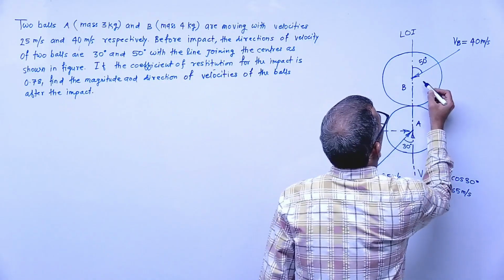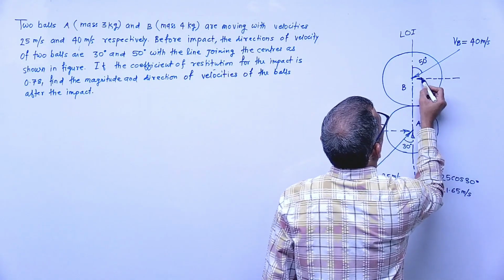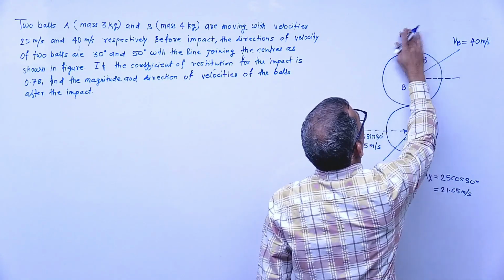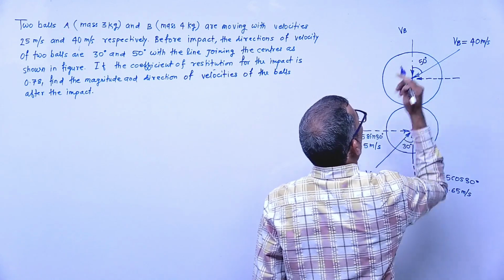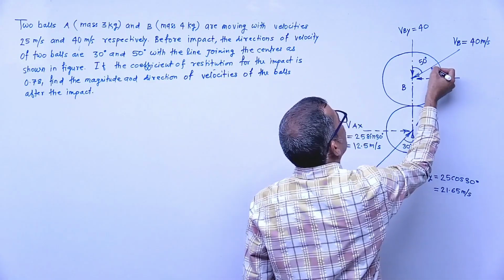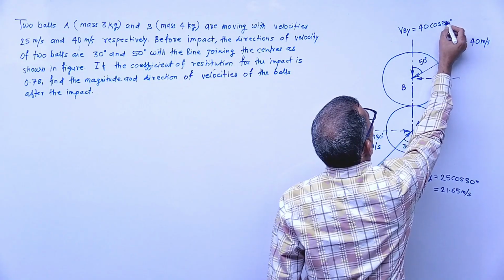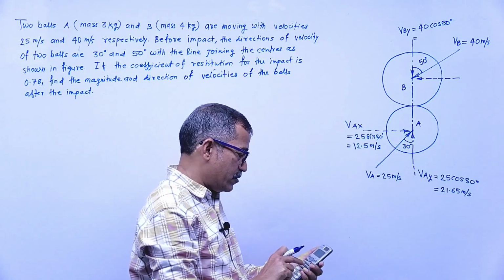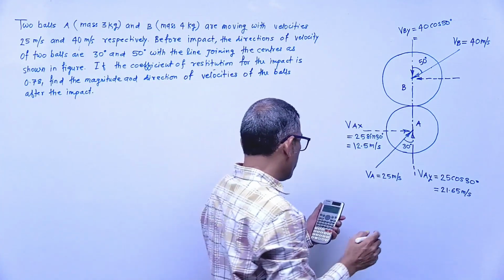Similarly, we will resolve VB. The horizontal component is the sine component, since the angle is given with the vertical, and the vertical component is cos. VBY is 40 cos 50. You calculate simultaneously, and tell me if I make any mistake.